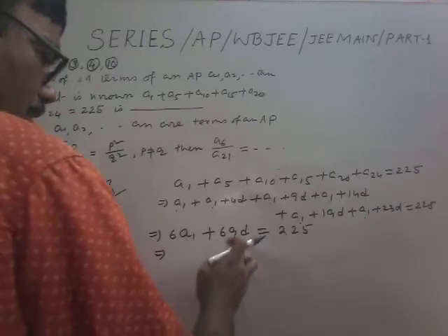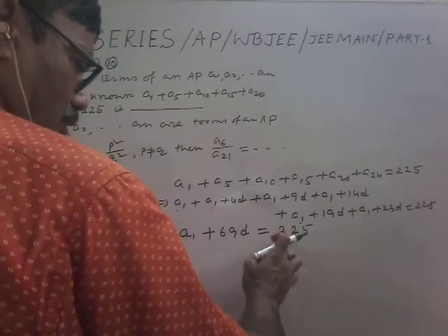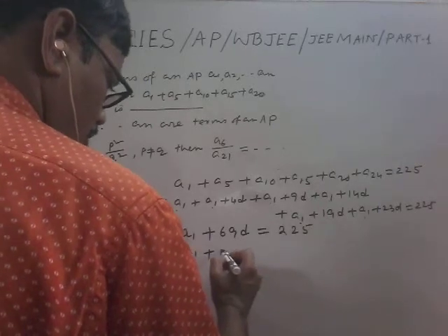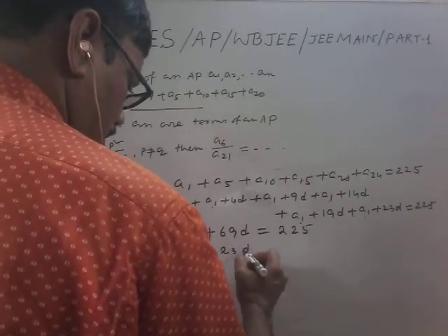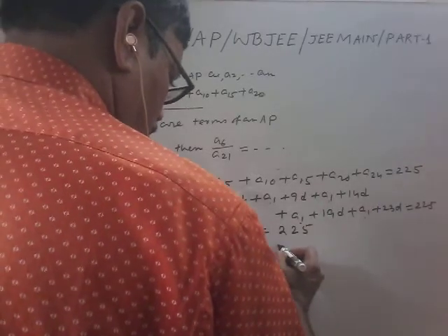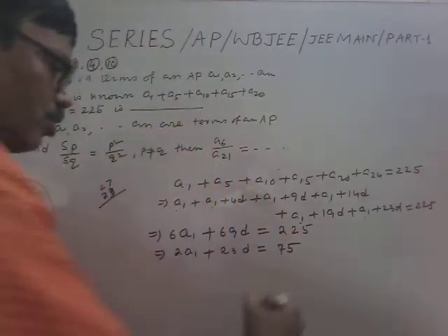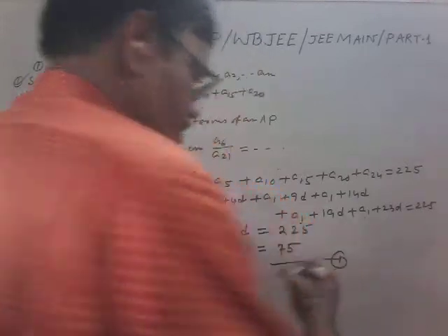Now it is divisible by 3, so 2a1 plus 23d equals 75. So we are getting this relation.